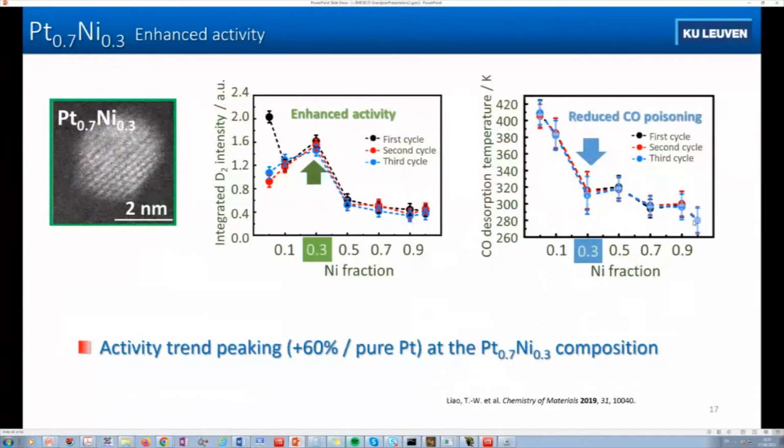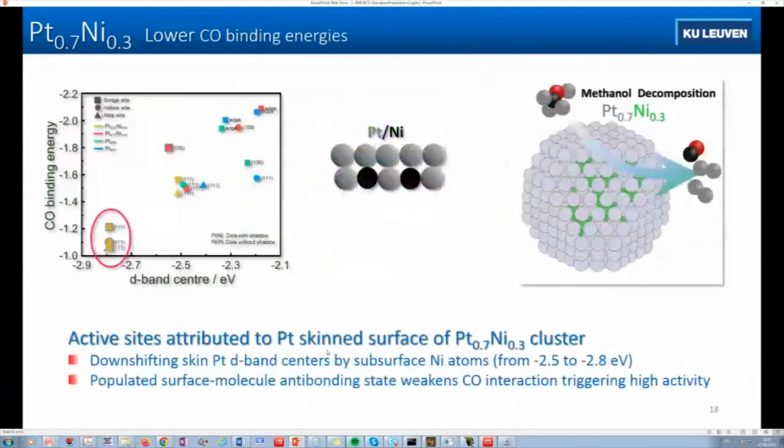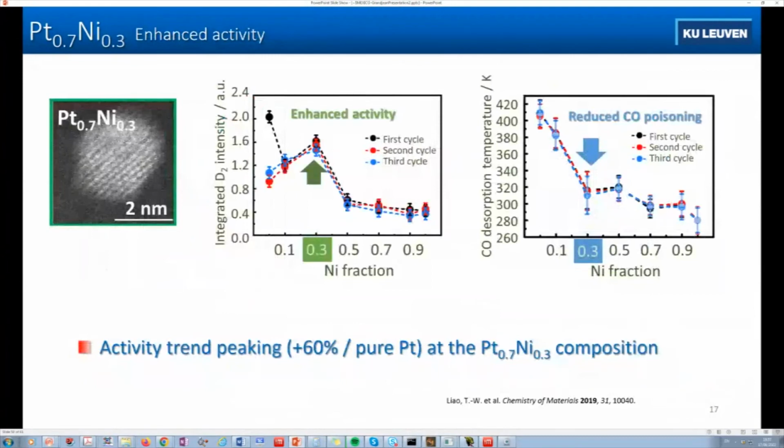So in terms of activity, it's very clear that the 0.3 is much better because we are reducing so much the poisoning. And we saw an activity of 60% more than the pure platinum. So this composition is special.